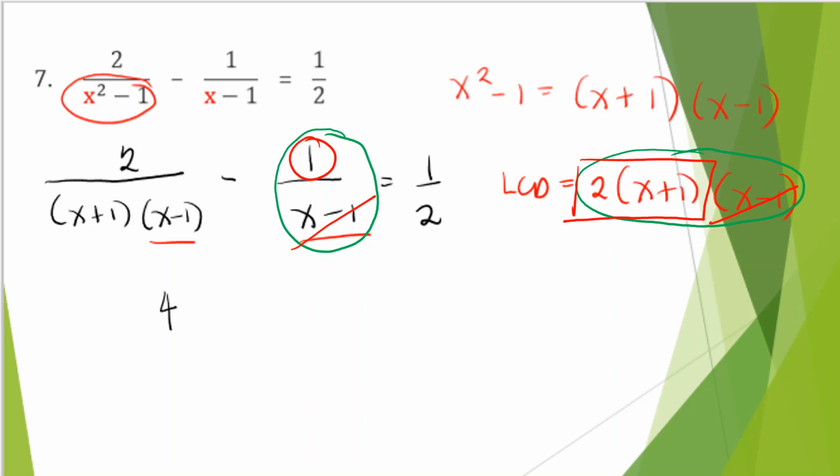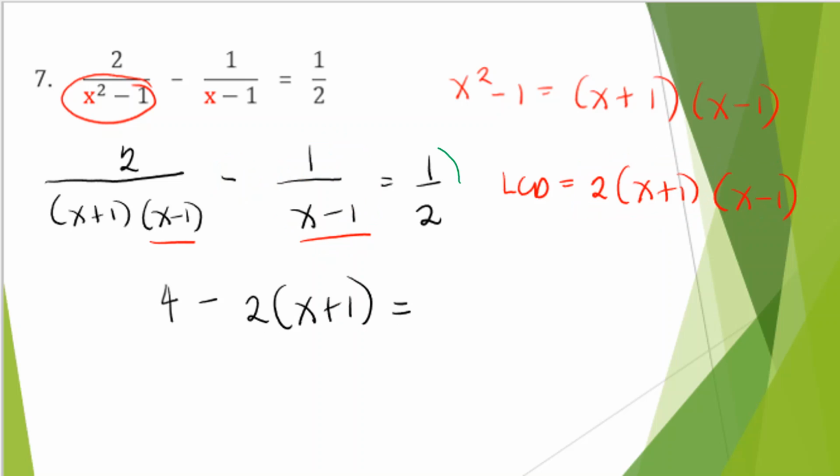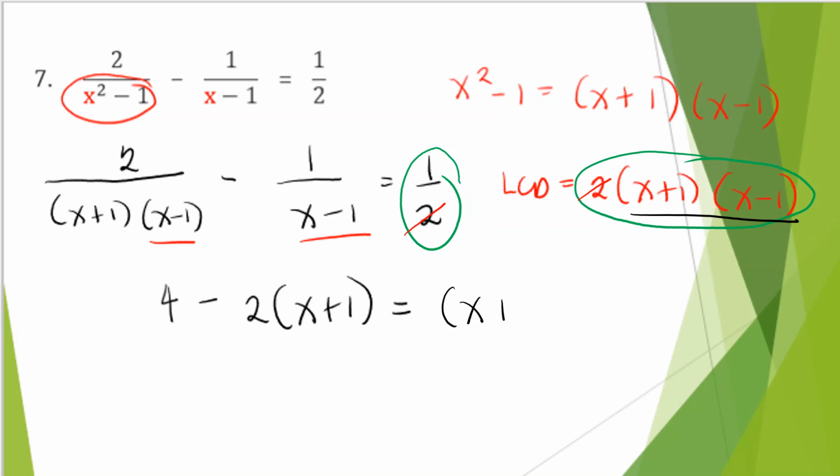So we have minus 2 multiplied by x plus 1 is equal to, next, multiply 1/2 and the LCD. As you can see, we can cancel 2. So we have x plus 1 multiplied by x minus 1.